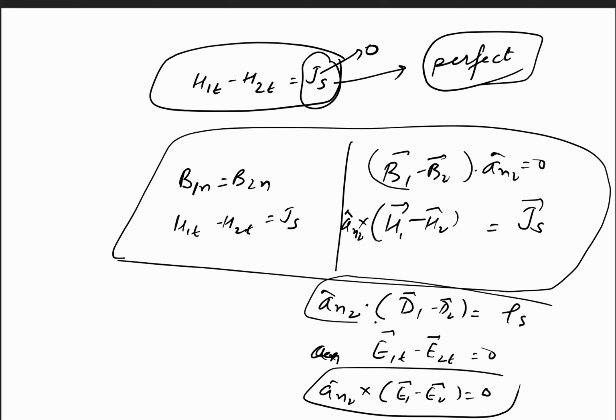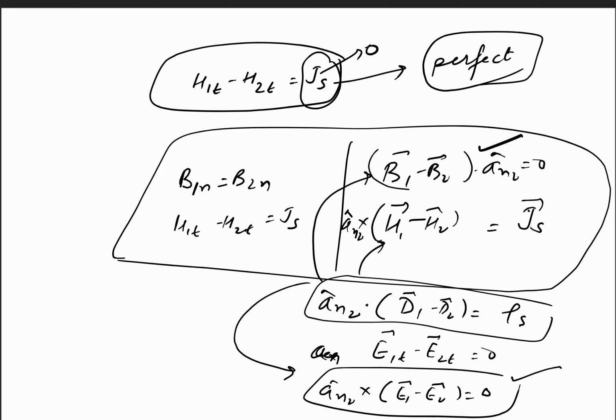So the things are quite similar in both magnetostatics as well as electrostatics. Only the difference is that here the normal component is continuous, here the tangential component is continuous, and here the source is surface currents, and here the source, or this discontinuity, is surface charge density.